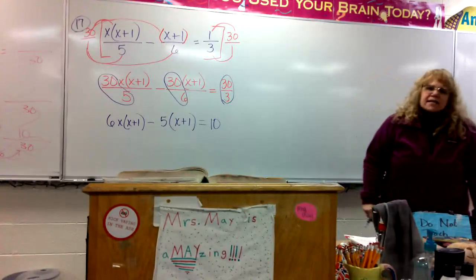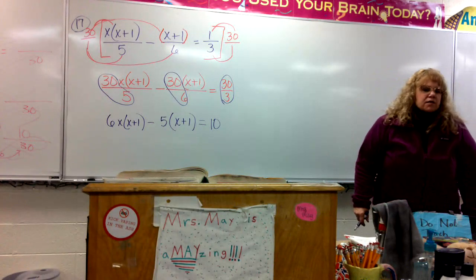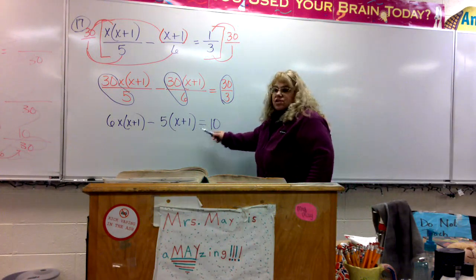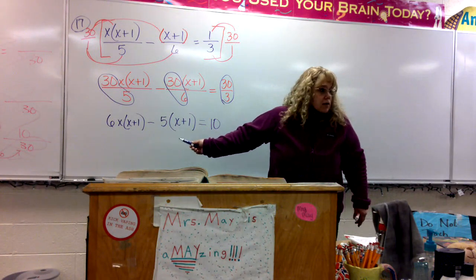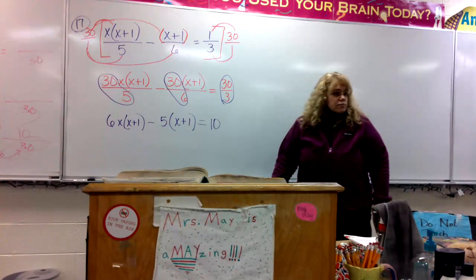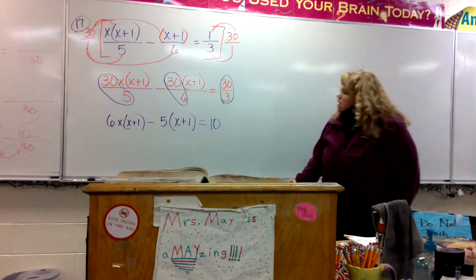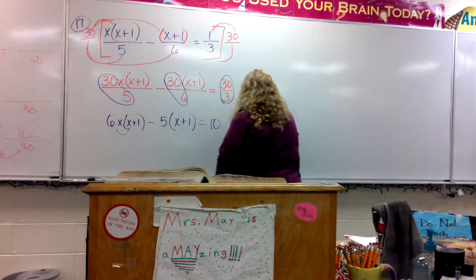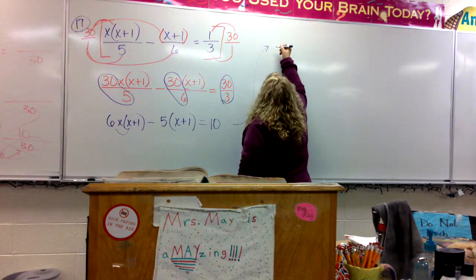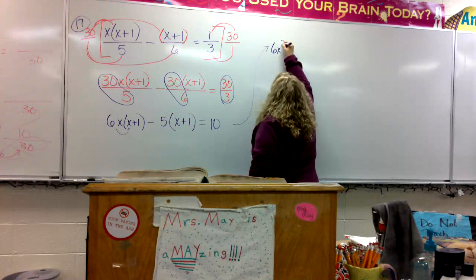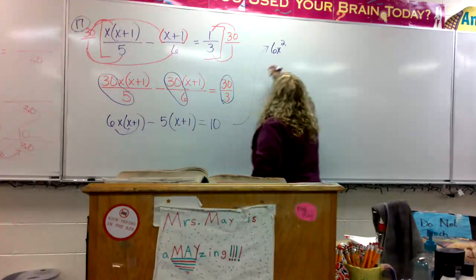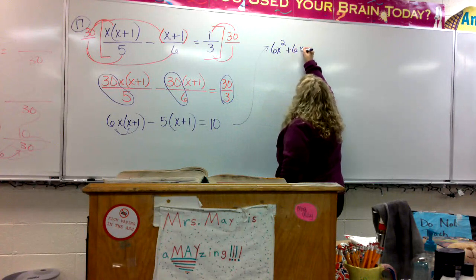Isn't that nice? Don't you love it? And if I gave you this, you could solve this. We solved problems like that already, right? Multiply it out. What do you get? You get 6x squared. What do you get? Plus 6x.